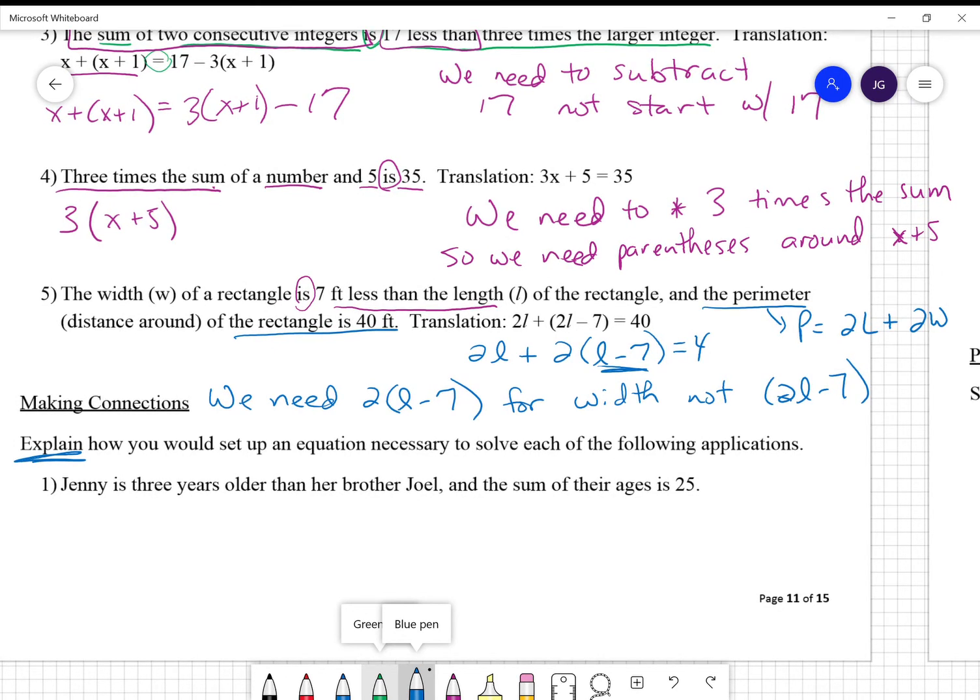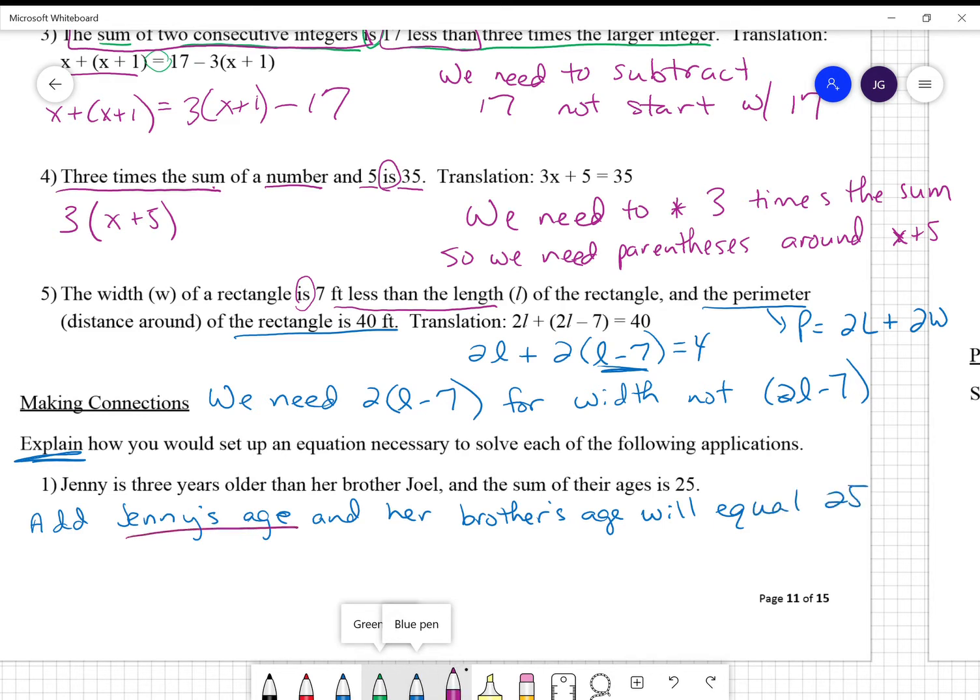Okay. Add Jenny's age and her brother's age, which will equal 25. Now the trick is I don't know Jenny's age or her brother's age.